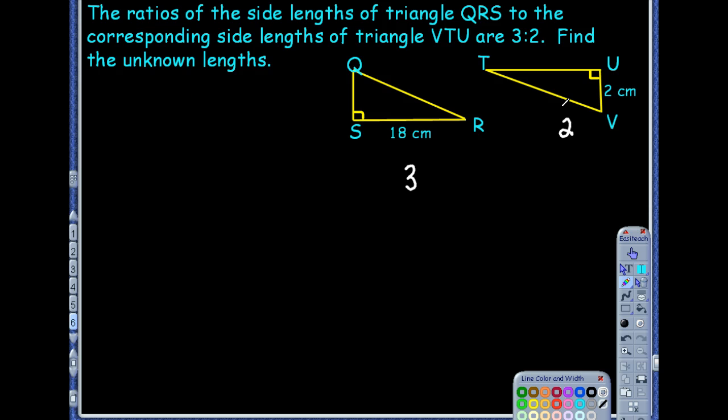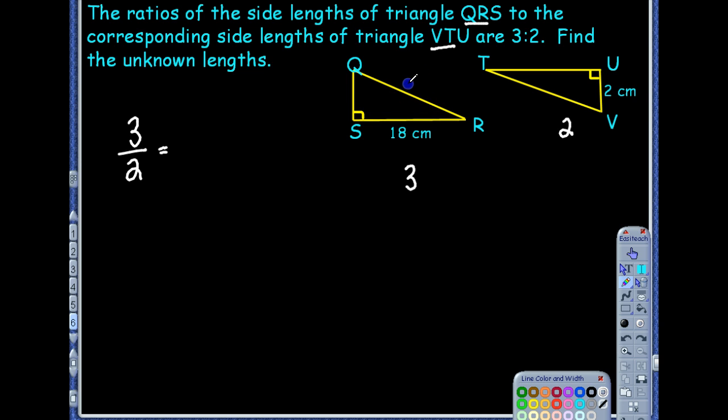So we have a ratio that they've given us of 3:2. We need to compare some side lengths in one triangle to help us find some side lengths of another triangle. So what sides do you see that might be corresponding sides from the order that they've written? Based on the order of the name, QR corresponds to VT. I don't know how to mark them, they're not congruent.